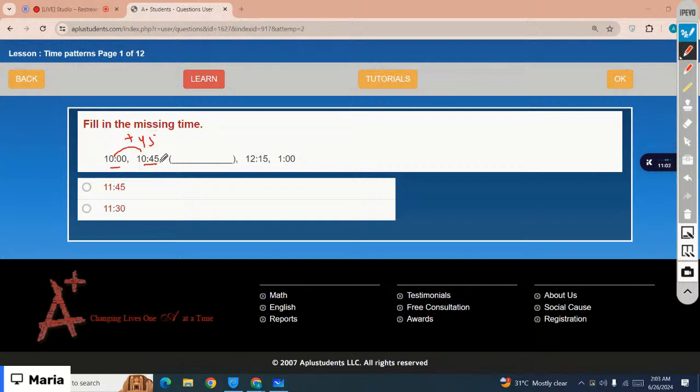The next one is increasing by 45 minutes, right? Let's add 45 minutes to 10:45. When you add 45 minutes, you add 15 minutes to make 11, then 30 minutes more. That makes 11:30. So the missing time is 11:30.